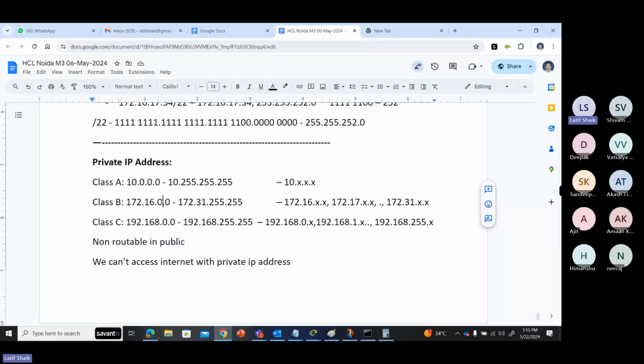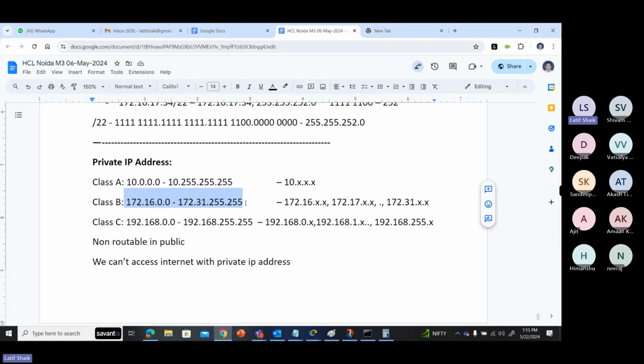If you calculate the difference, from class B you get 16, 17, 18 up to 31, so 15 private networks, sorry, 16 including 16. Let me recount: 15 or 16, you get around 16 networks. Which one is starting?